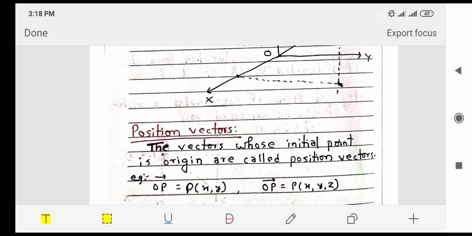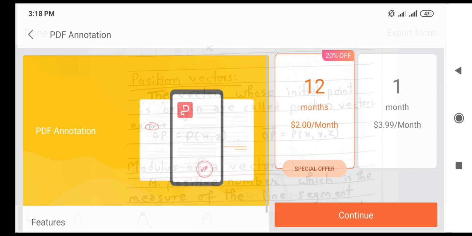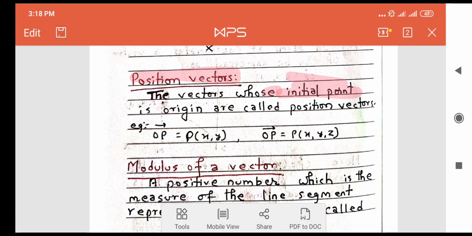What is the meaning of position vector? Position vectors are those vectors whose initial point is the origin.